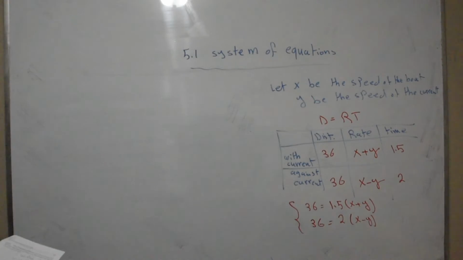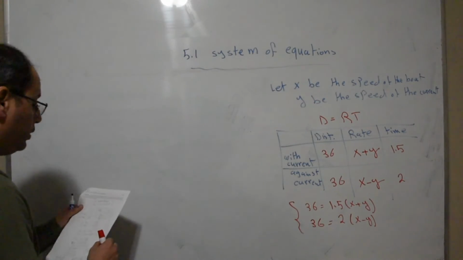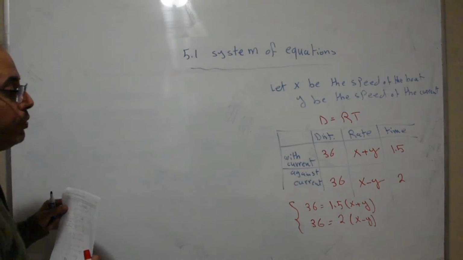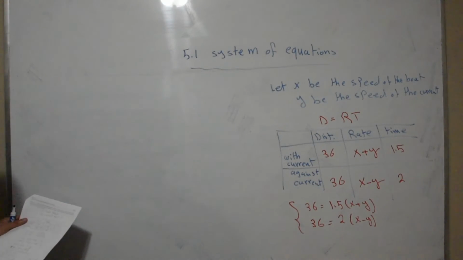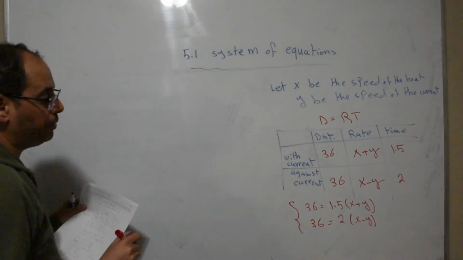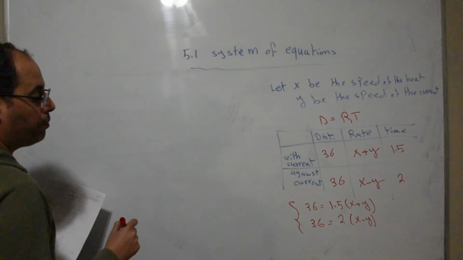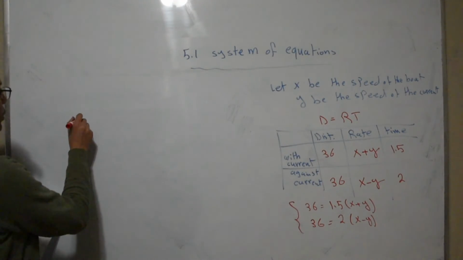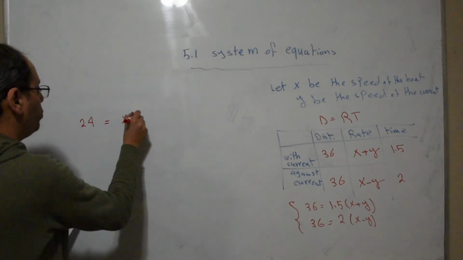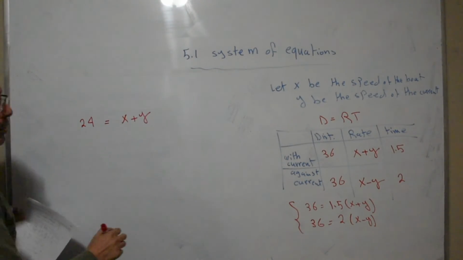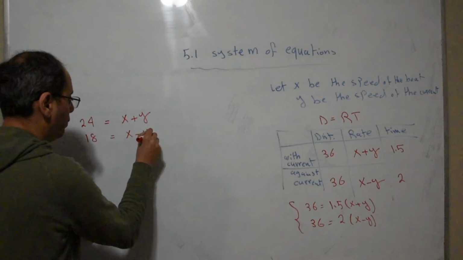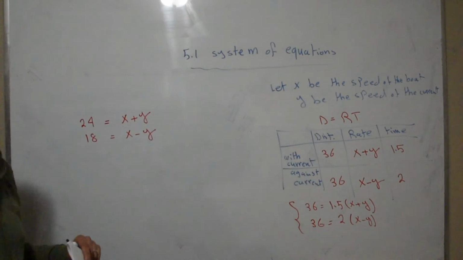If I do that, I have 36 divided by 1.5, which would be 24. 24 equals x plus y, and 36 divided by 2 is 18 equals x minus y. Okay?